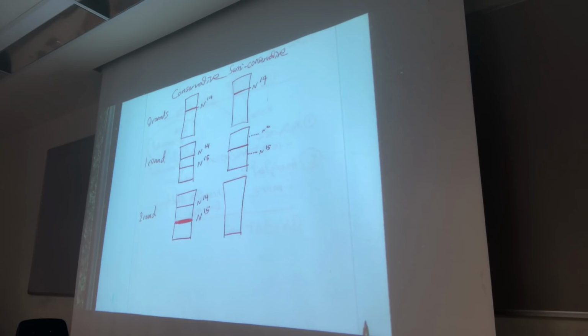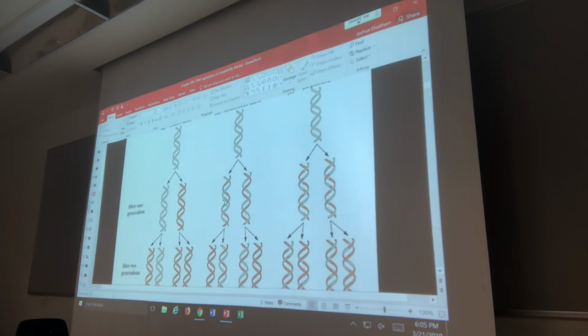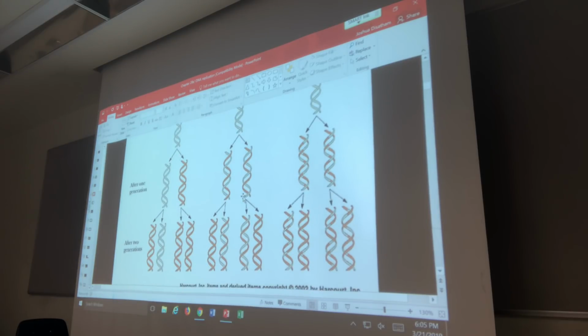To continue on, let's see what happens after 2 rounds of replication. After 2 rounds of replication, we have a different thing now here, is that we still have 2 copies of DNA that are the hybrid type, but now we have 2 copies of DNA that are only made of nitrogen 15. Why is that?